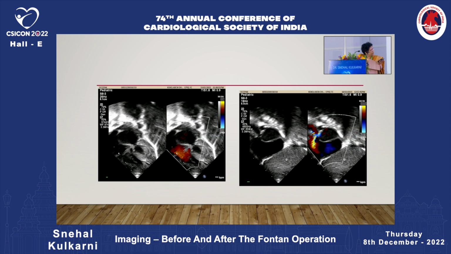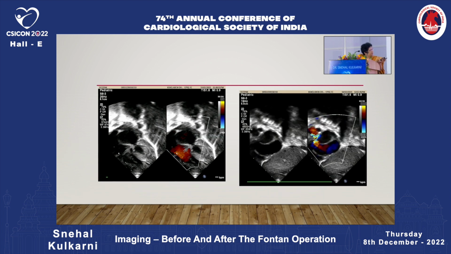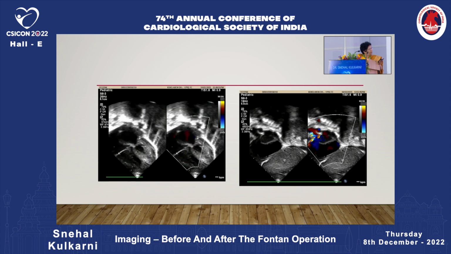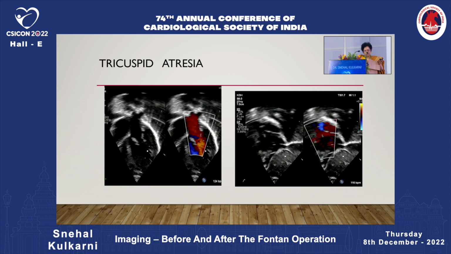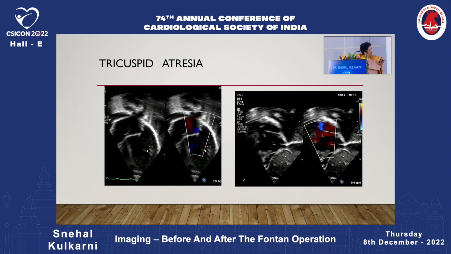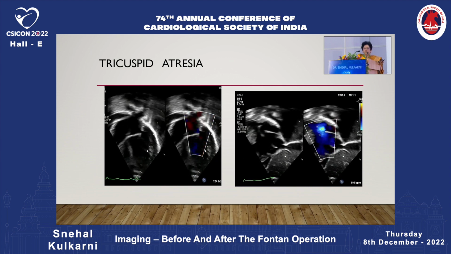Now this is a patient with hypoplastic left heart syndrome, and you see the interatrial communication. It's very restrictive, which is one of the risk factors for surgical repair in hypoplastic left heart, because we need to have a wide atrial septectomy, because otherwise it will increase the pulmonary venous pressure. As compared to this, you see this is a tricuspid atresia, but with a very large interatrial septal defect.